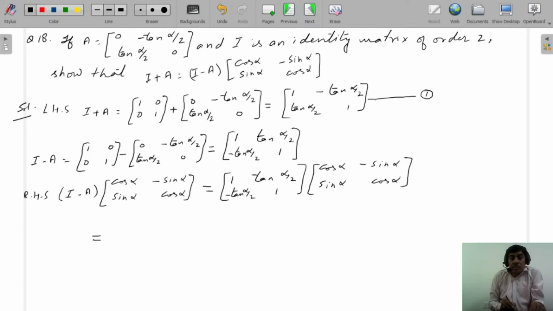Using the matrix multiplication property, we have to multiply these two matrices of order 2 by 2. The resulting matrix is also of order 2 by 2.